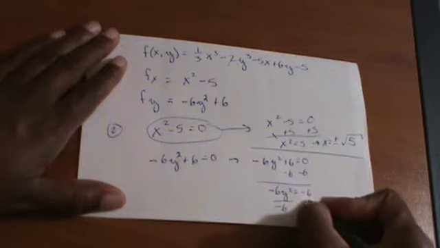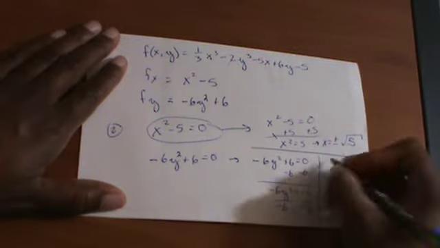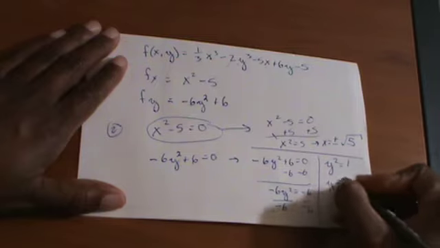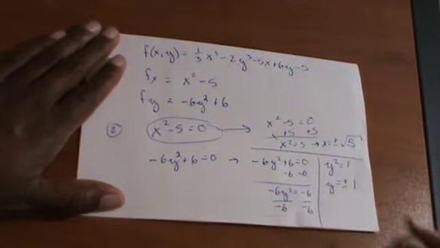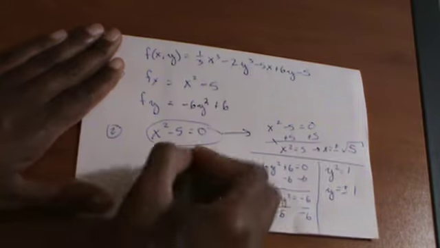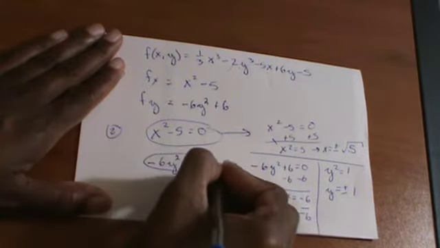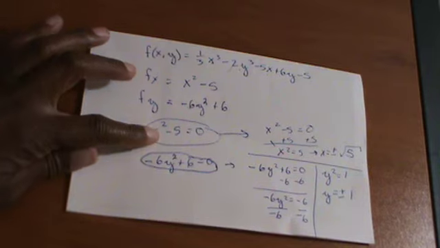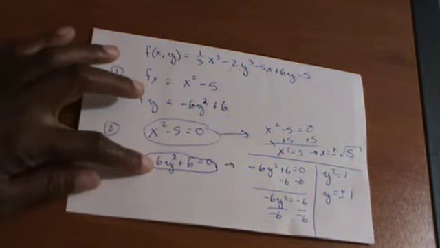Divide by -6, divide by -6. Y squared equals 1. So then y equals plus or minus 1. So again, you're only using that very first trick that I showed you because you only have an x in the first one and you only have a y in the second one.